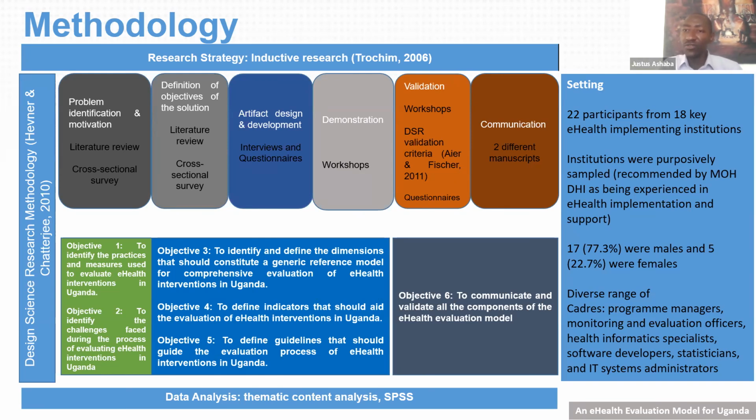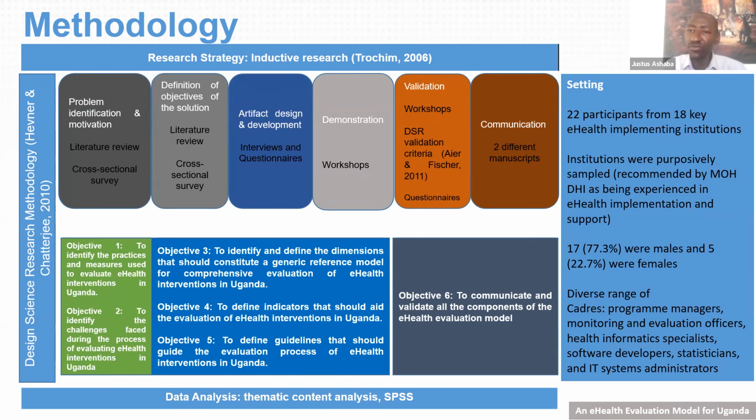And we reached out to 18 institutions that were considered very, very key in implementing eHealth in Uganda. These are institutions that in their work were implementing such eHealth or ICT technologies in delivering their services in the health sector. And in those 18 institutions, I remember even IDI was part, we reached out.